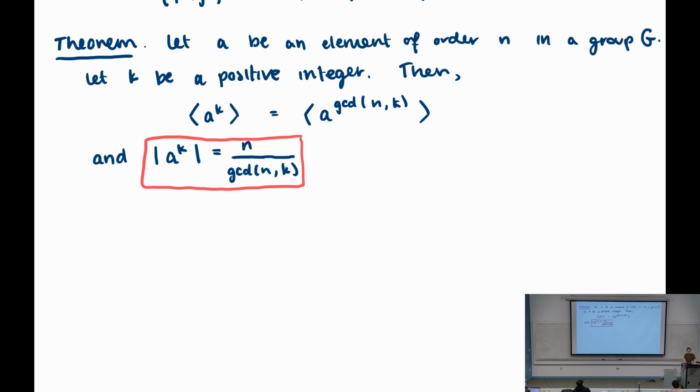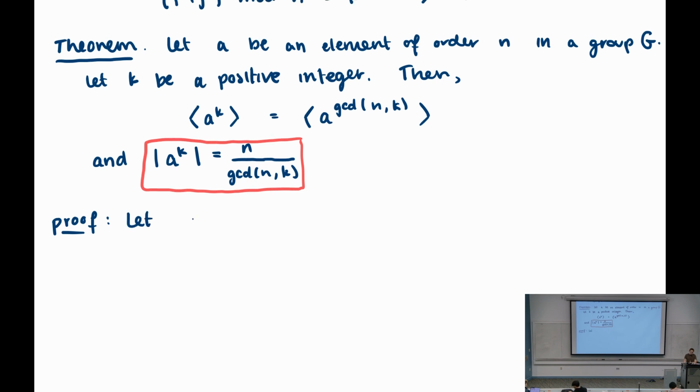Okay, so let's go ahead and prove this. Let's just start off by setting, just to save us a little bit of writing, D to be this GCD of n and k.